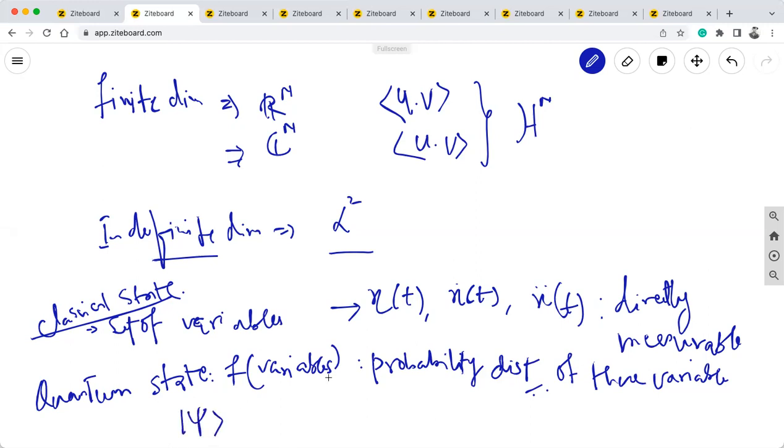We can represent it as vector ket psi, which typically follows certain rules of vector space, and any operation we perform on the ket will follow, or we can represent them, in the Hilbert space H.